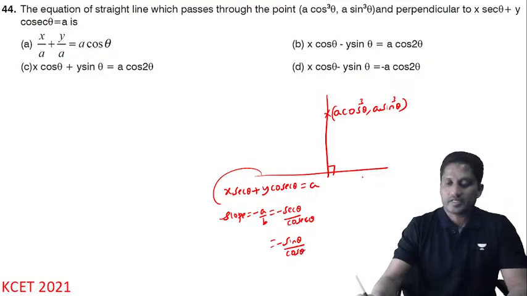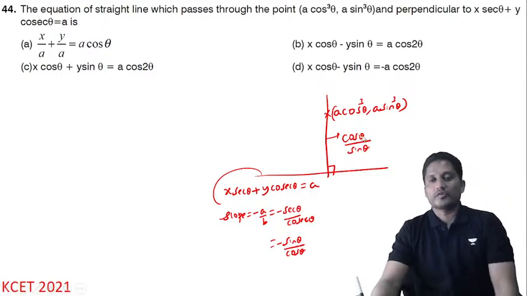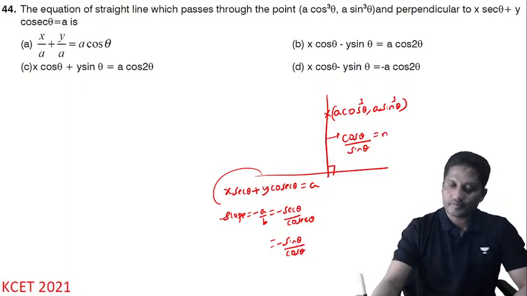This is the slope of this line. The slope of the required line is cos theta divided by sin theta. Reverse it and change the sign. M1 M2 should be minus 1. This is the slope m.